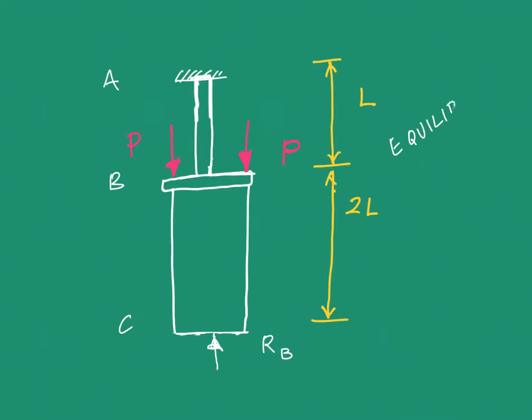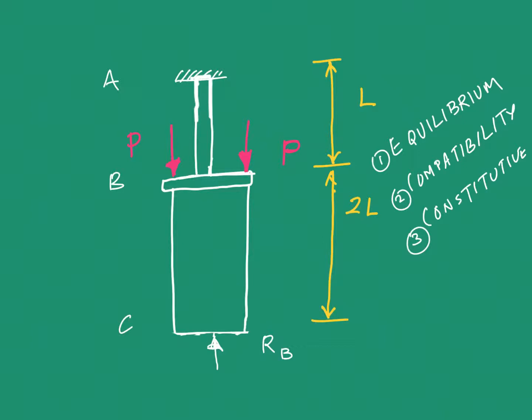One is the equilibrium. Second is the compatibility. I will come to that in a while. And the third thing you need to bother about is the constitutive law. Make sense?